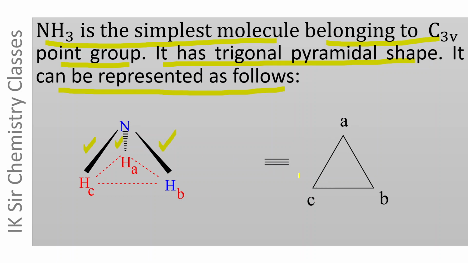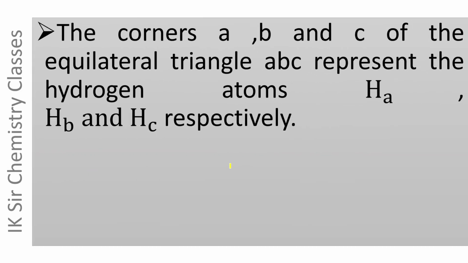The corners A, B and C of the equilateral triangle ABC represent the hydrogen atoms Ha, Hb and Hc respectively.